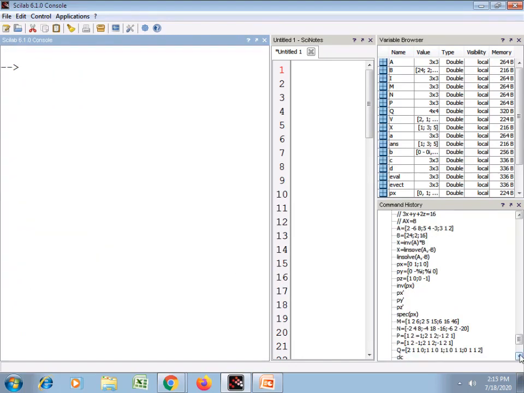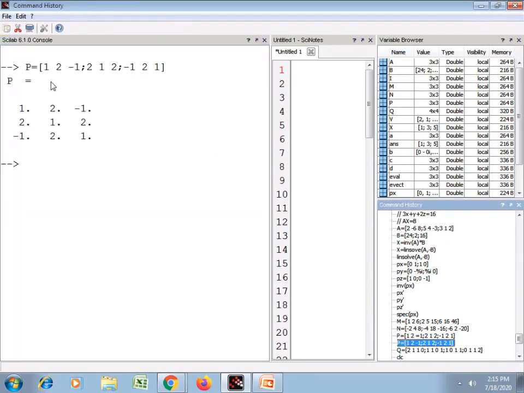Now eigenvalues and eigenvectors of the matrices. So let us consider the 3 by 3 matrix P having 3 rows and 3 columns: 1, 2, minus 1; 2, 1, 2; and minus 1, 2, 1.